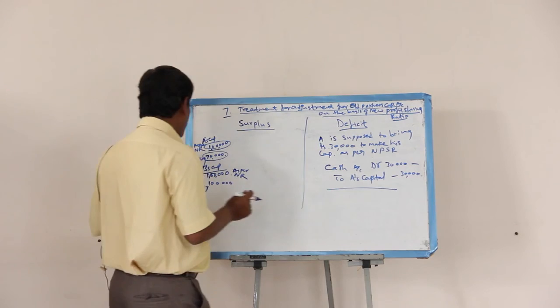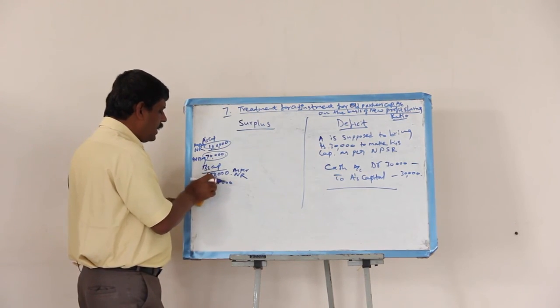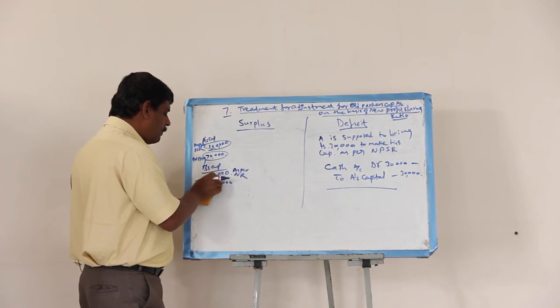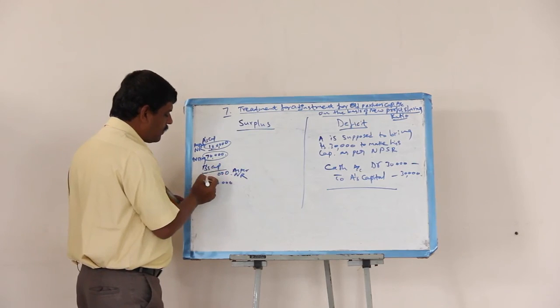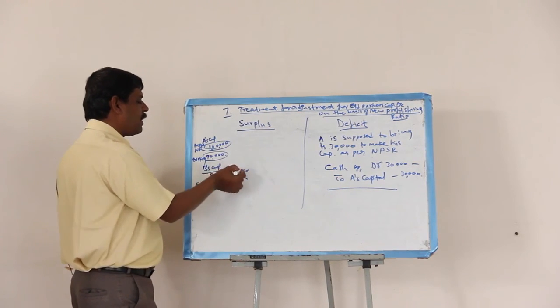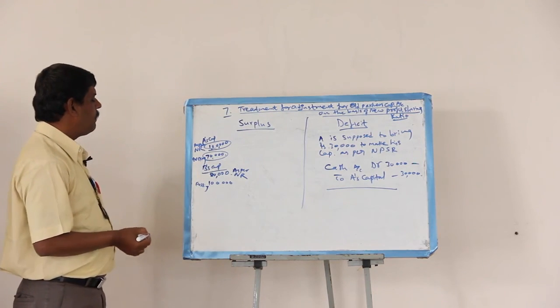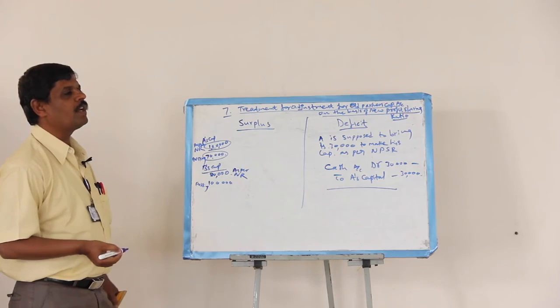Now B, let's take a reverse example. Existing is 1 lakh, but both are becoming the same example, that's why I'm changing it. Let us say 80,000 rupees is as per the new profit sharing ratio, but existing is 1 lakh. So B has more capital than his profit sharing ratio warrants.